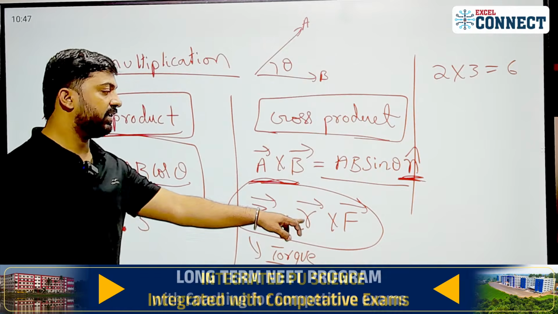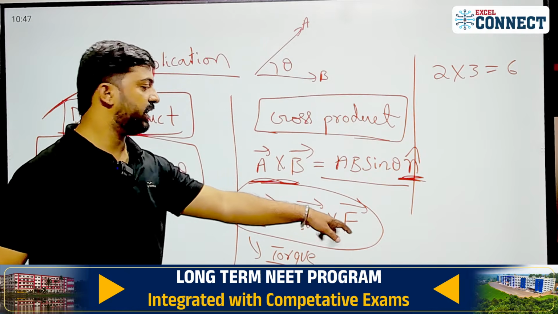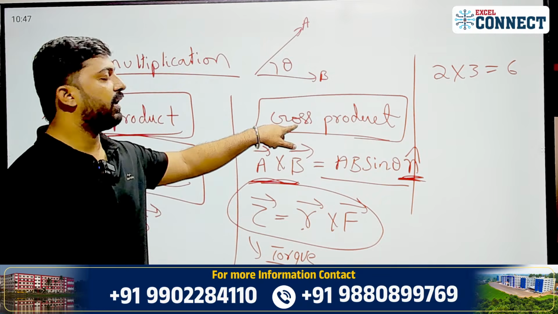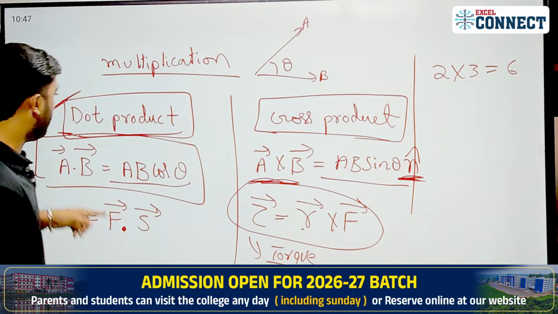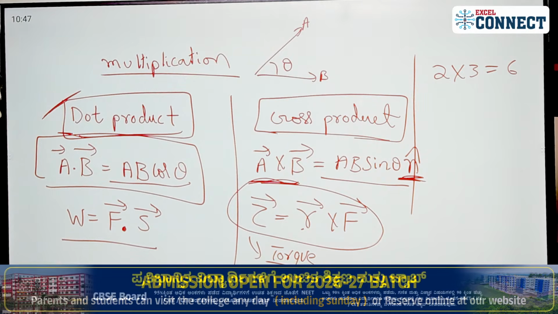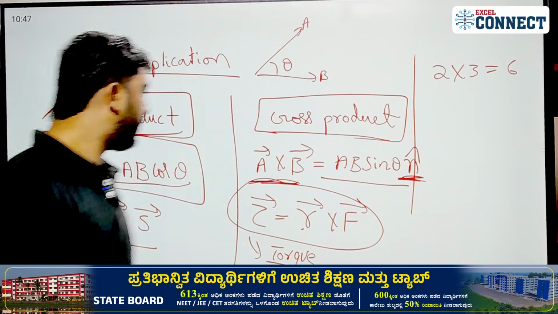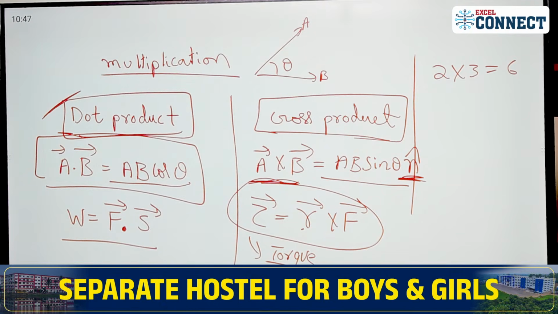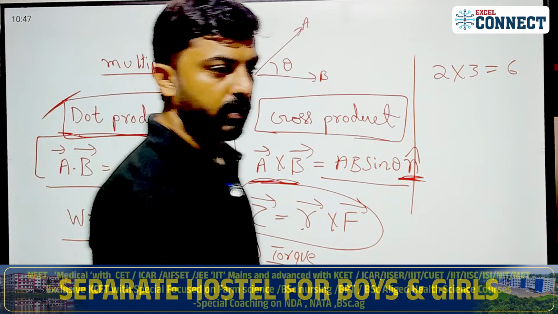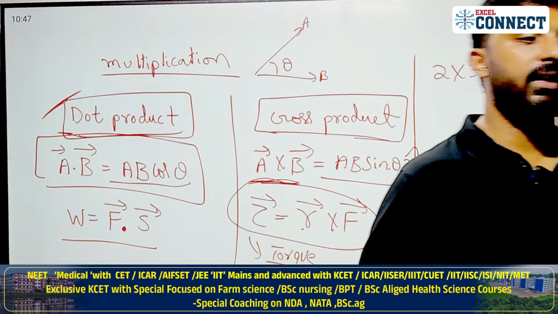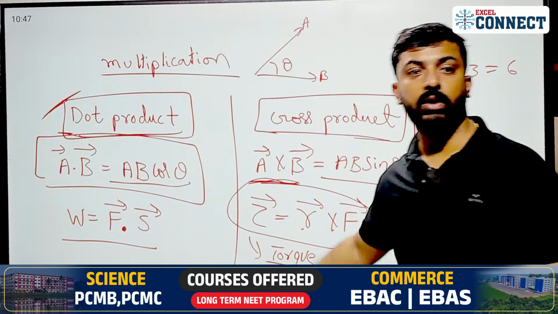So here these two are vectors, but here we are applying cross product, and here we are applying dot product, okay. Why we are using dot product here and not the cross product? This will be discussed in the next class, okay.